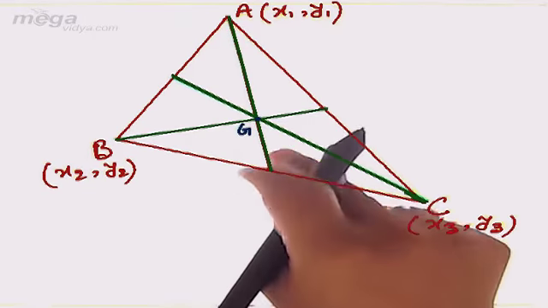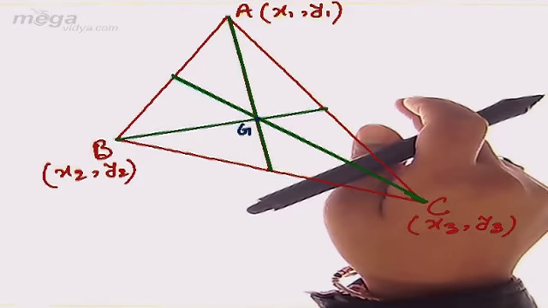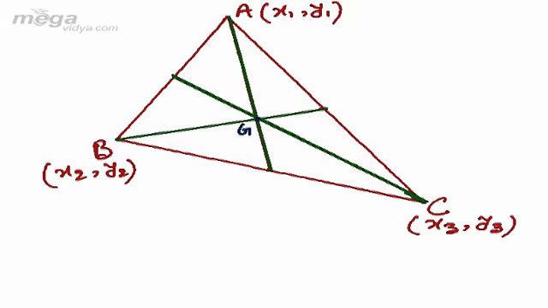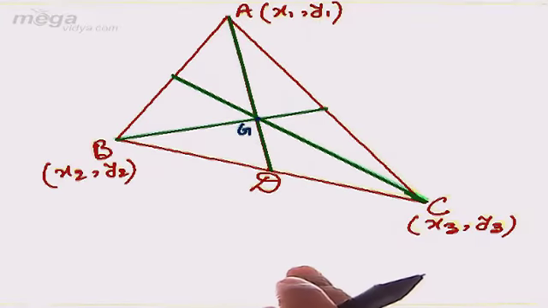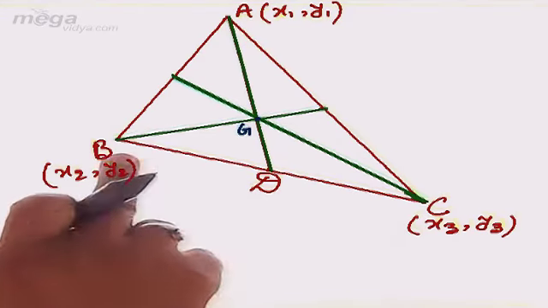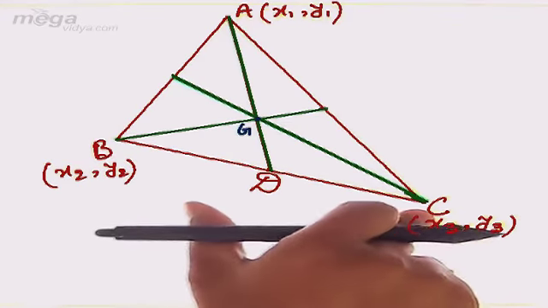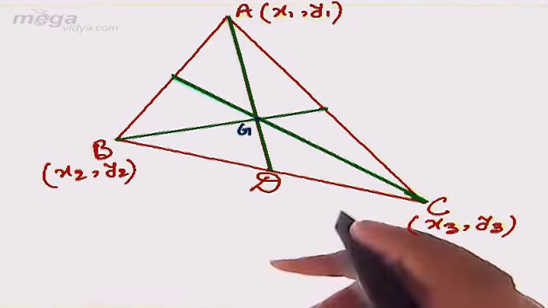According to the definition, the centroid is the point of intersection of the 3 medians. It means this line, suppose the name is D, so AD is a line which is the median of the triangle. It means AD divides the side BC in 2 equal halves.